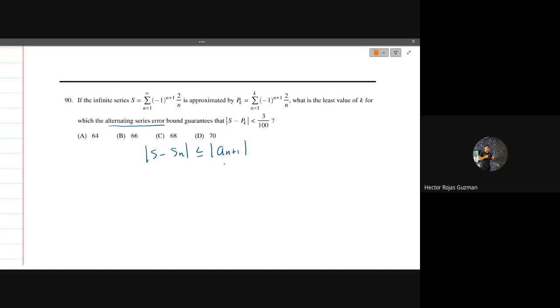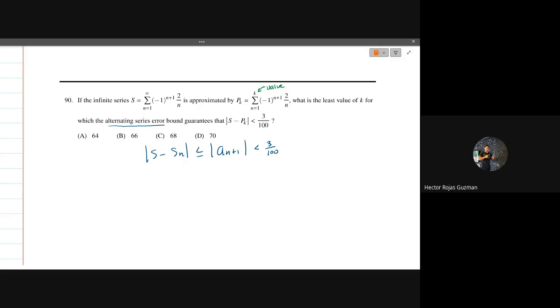And this is the maximum possible error that we're going to find, right? This a of n plus 1, we're trying to make it be less than 3/100. We're going to have to show that. So normally there's a value right here for k, and we're saying, oh, add up the first 6 terms.